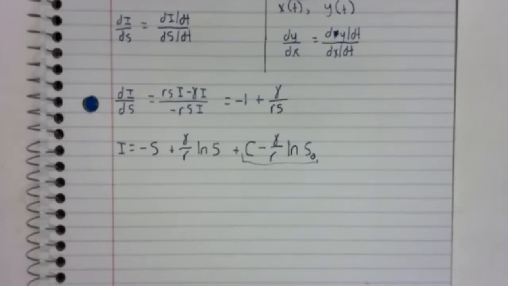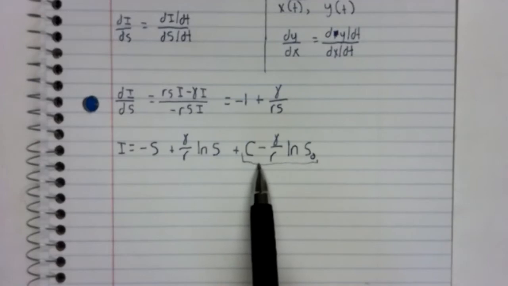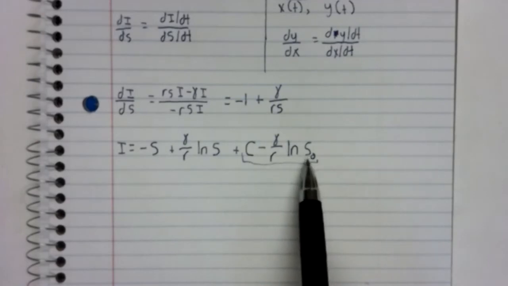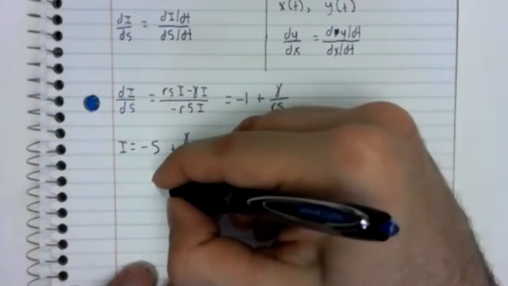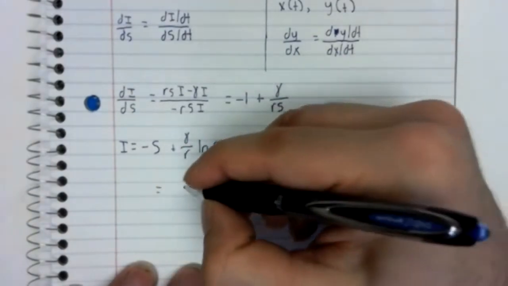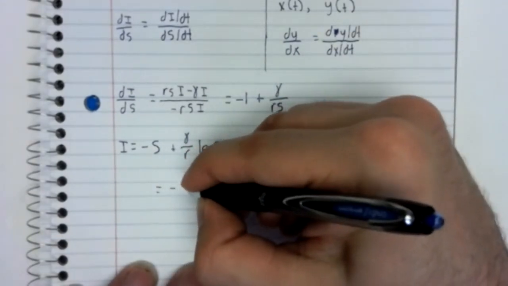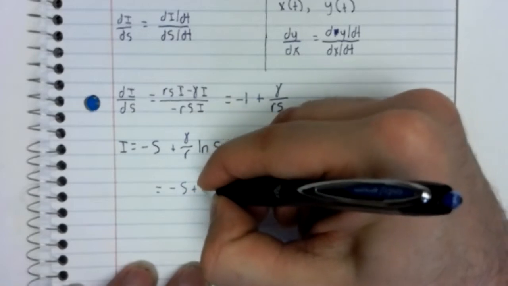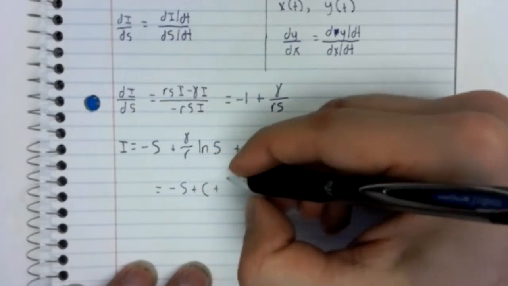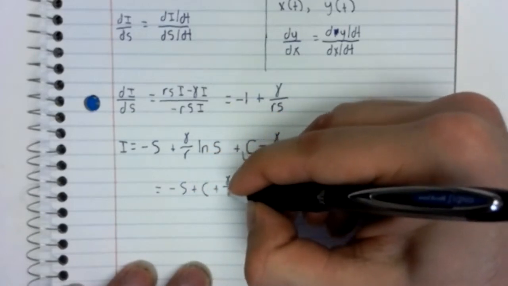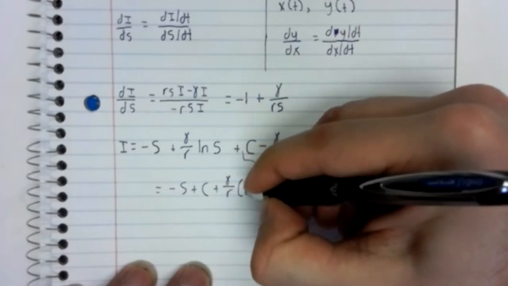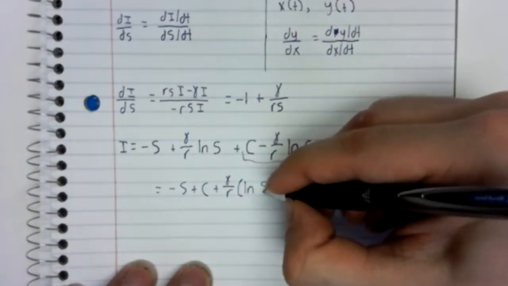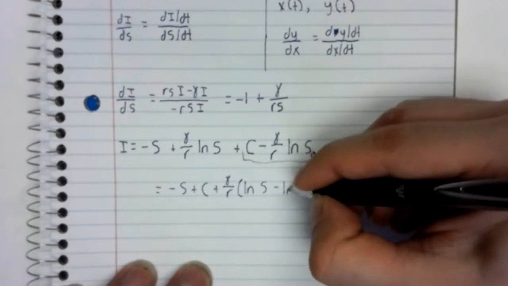And the reason for writing it in this way is that it will allow us to combine terms. We've got gamma over R in common.